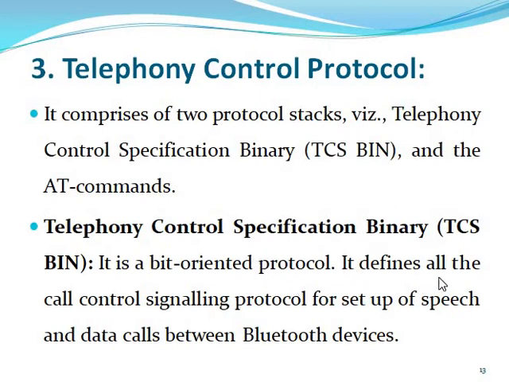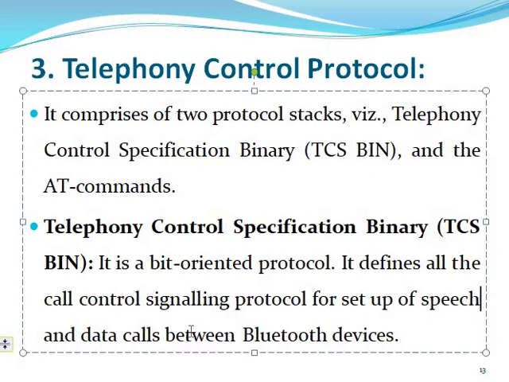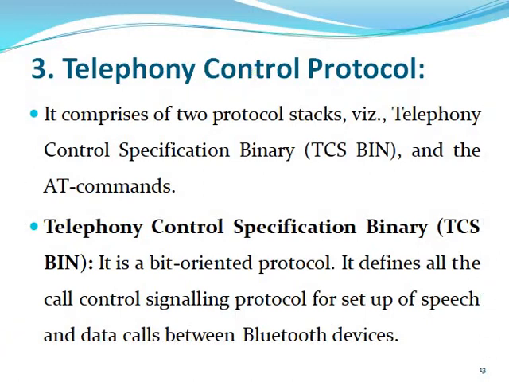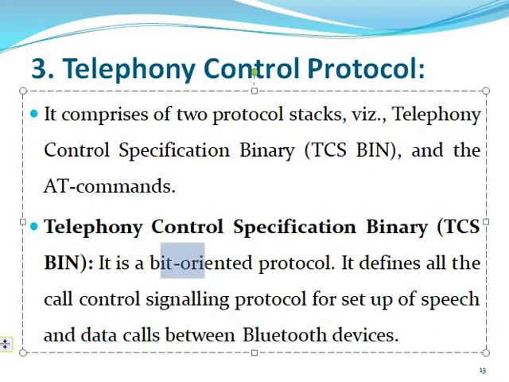It defines all the call control signaling protocols for setting up speech and data calls between Bluetooth devices. So what is telephony control? It controls the signal and how the data is transferred. So this is the importance of the telephony control protocol, and all the data we can transfer is bit-oriented protocol.